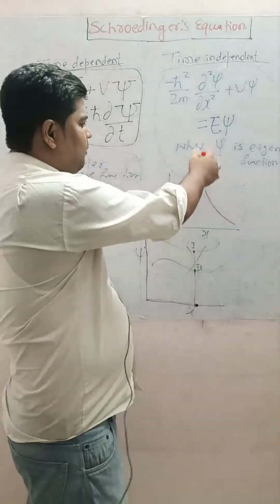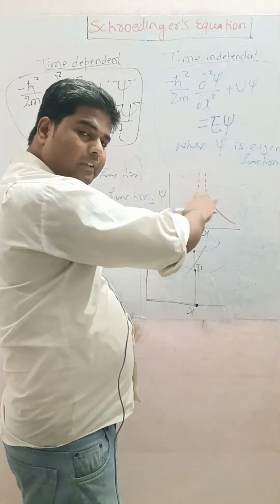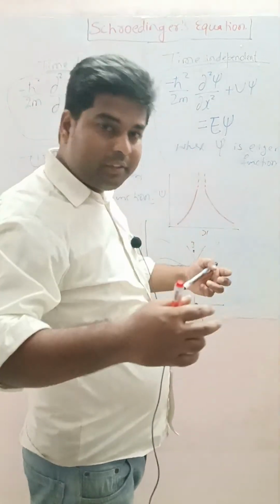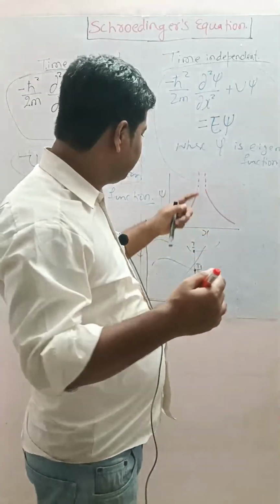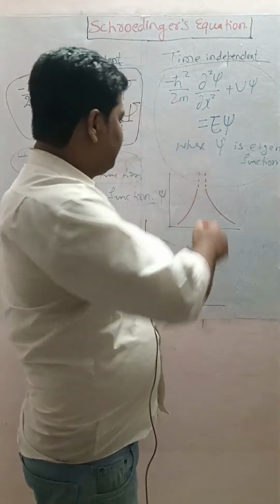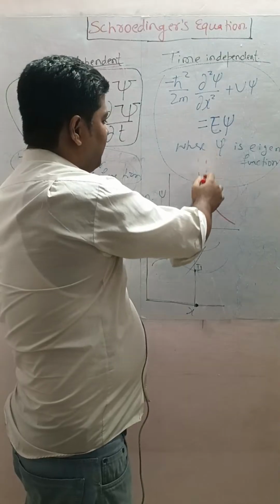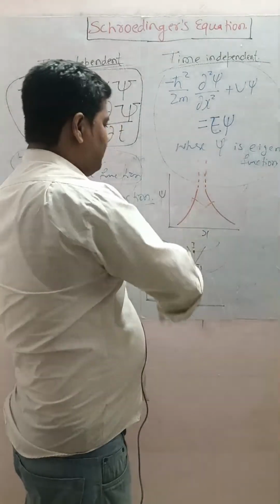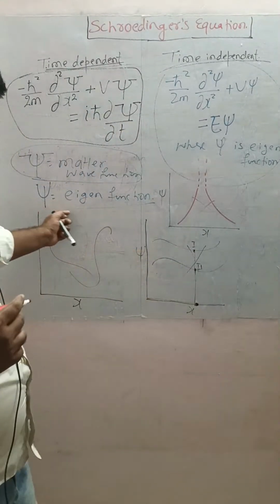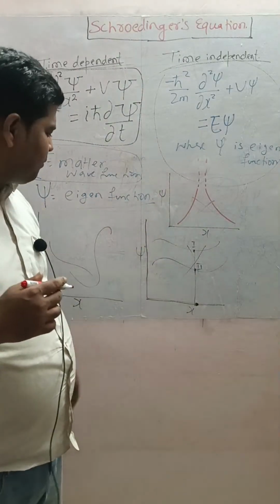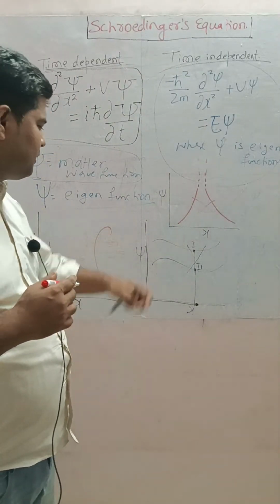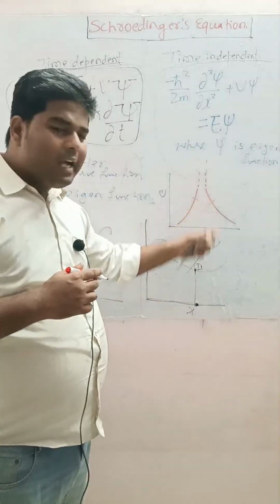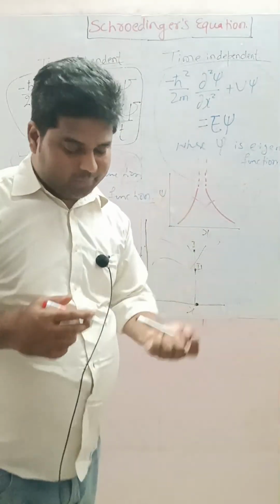But see, they are coming from infinity, meaning they are not ending. They haven't any definite terminated points. They will reach up to infinity. They're eager to go, and that's not correct. So our eigenfunction has all three properties. It should be continuous, it should be single valued, and it should be finite in value.